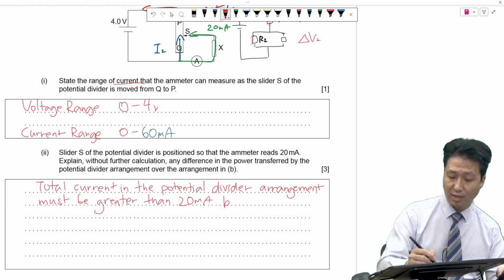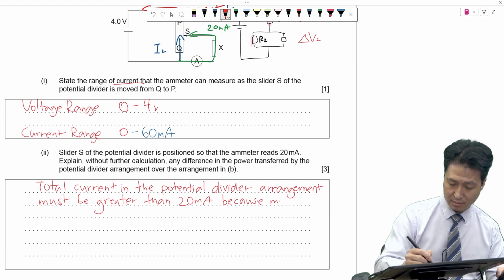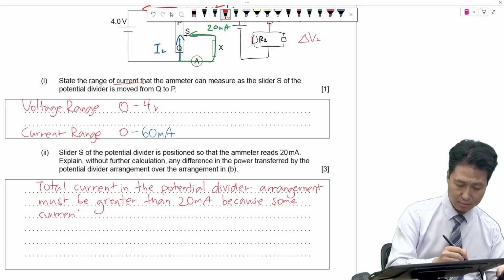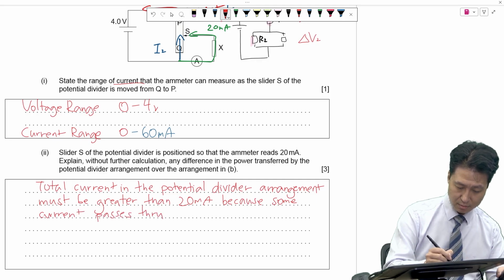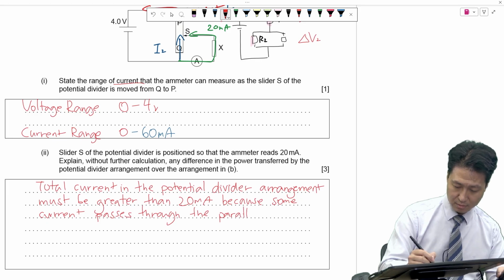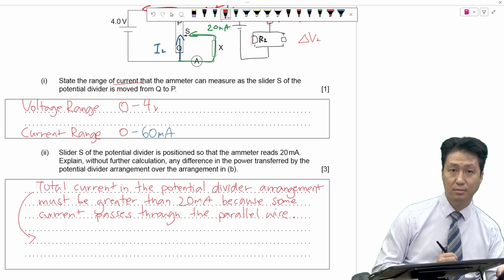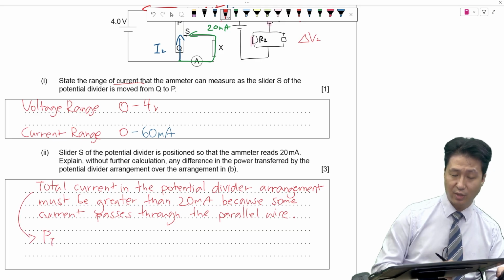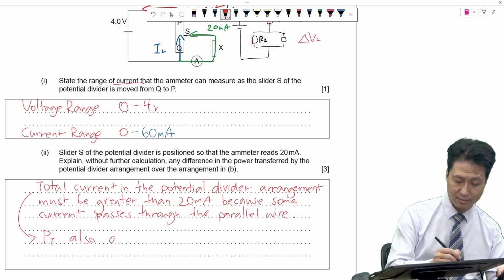And this is because some of the current will pass to the other side. Because the total current is greater, it means the total power should also be greater.